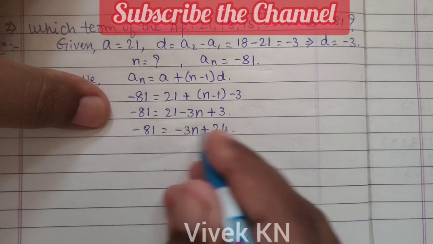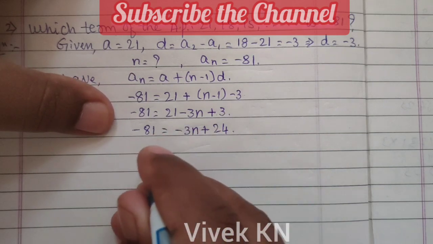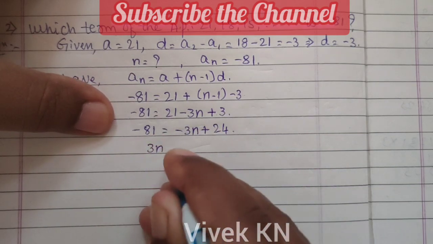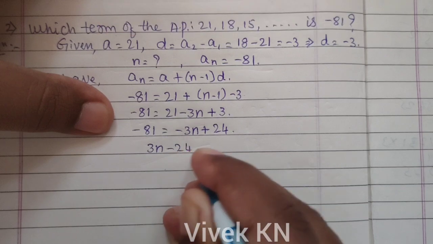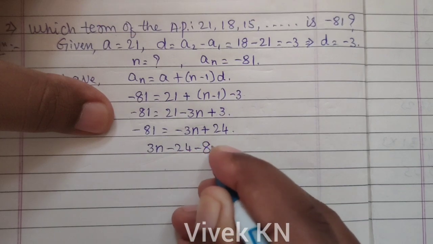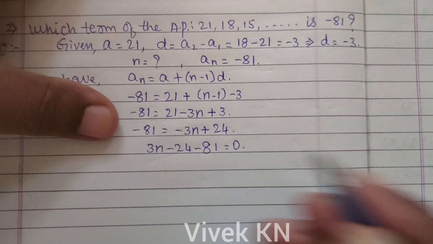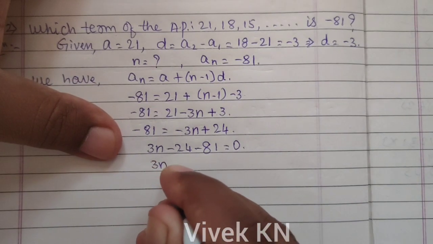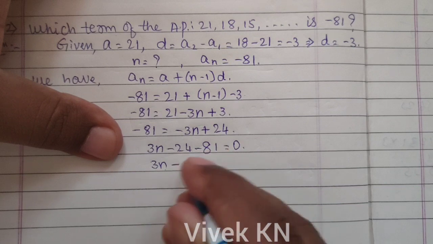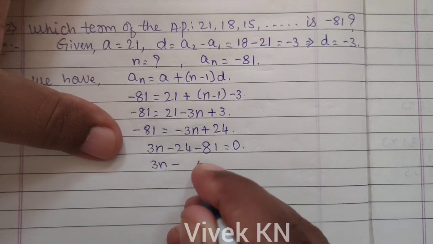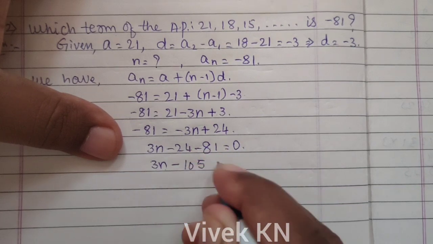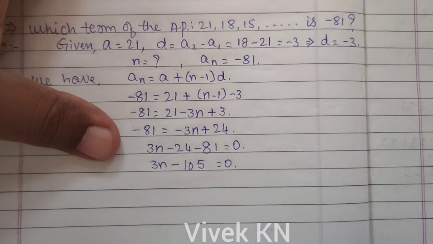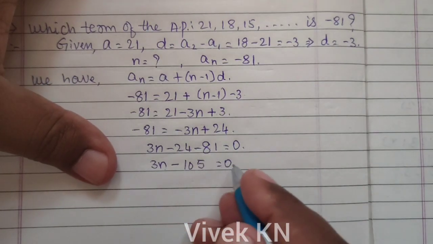Rearranging these terms, we can also write it as 3n minus 24 minus 81 is equal to 0. 3n minus, adding these two terms, we get 105. 3n minus 105 is equal to 0.